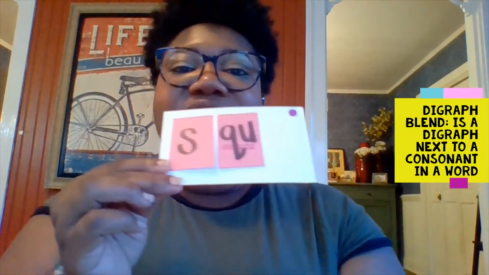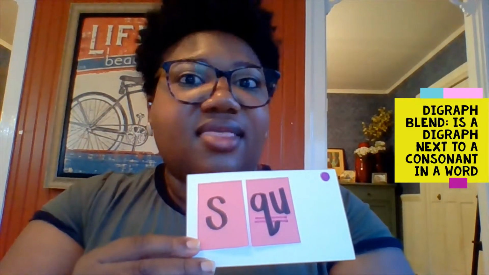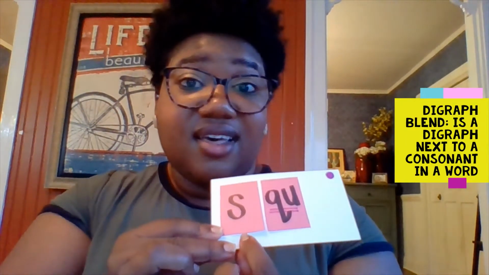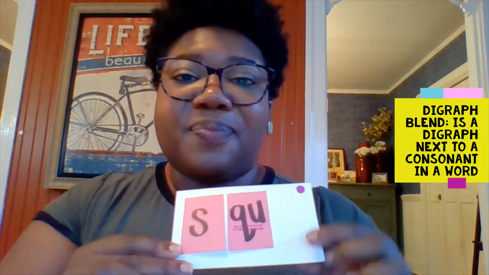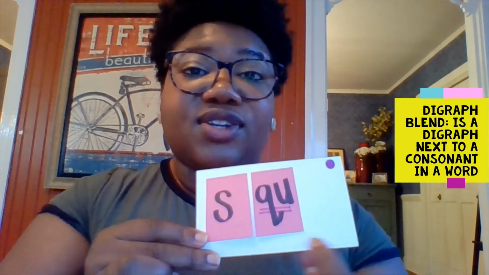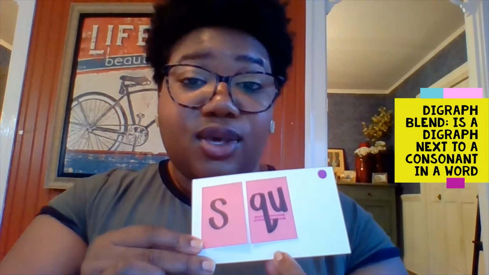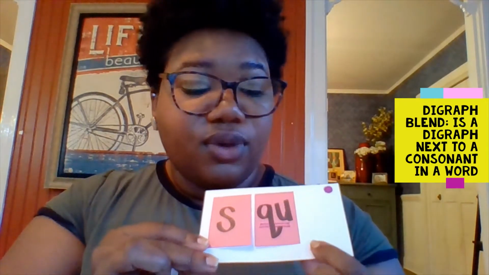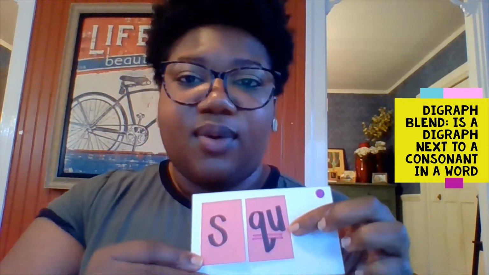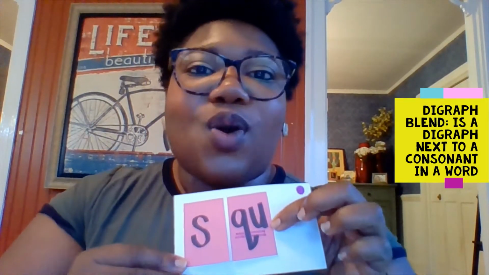Now for our special guest, you may be thinking, Miss Collins, that's not a digraph, but this is a digraph blend. We're considering it a digraph blend because this is our special guest, SQU. QU is usually together anytime you see it in a word, and what does it say? That's it.